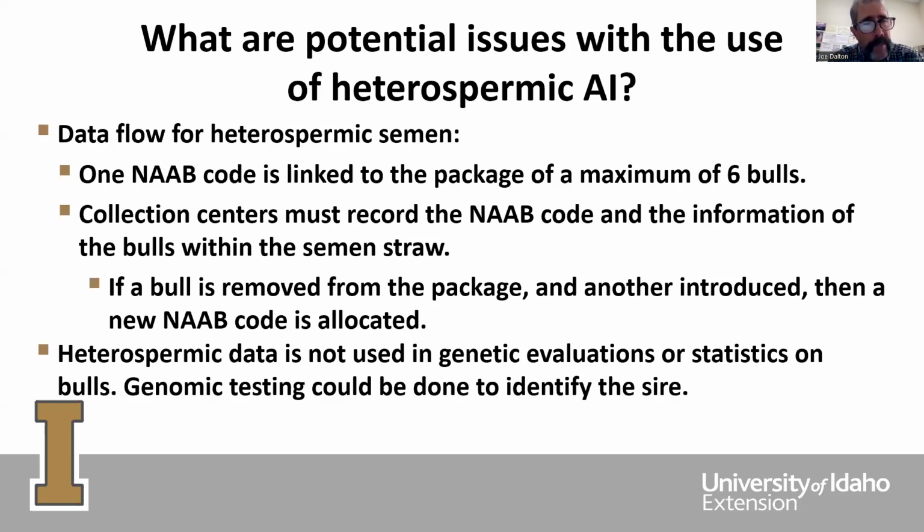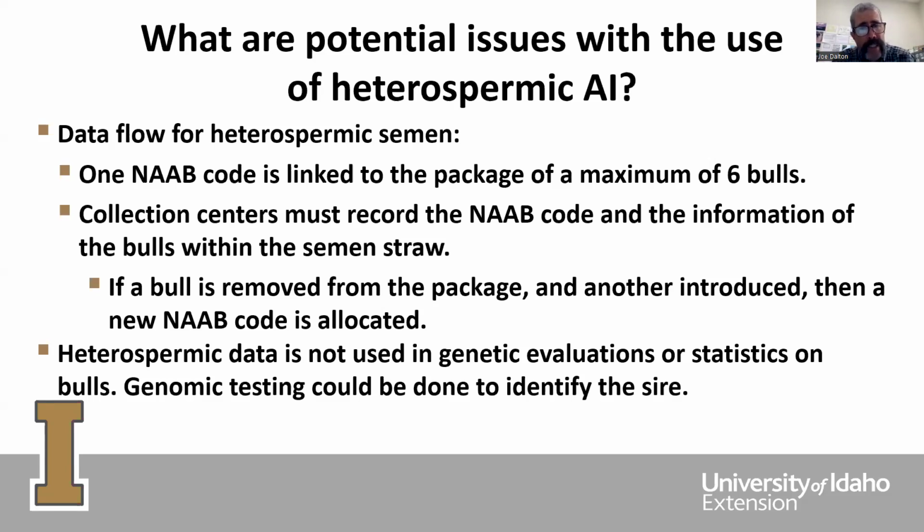So this contributes to the fact that heterospermic data is not being used in genetic evaluations or statistics on bulls currently. In the future, we'd like to have that, but at the current time, heterospermic data, other than a straw used with this code, is not entering into our genetic evaluations or stats on bulls.